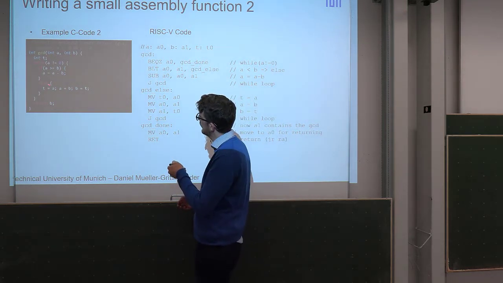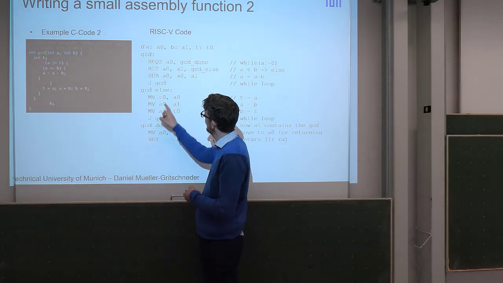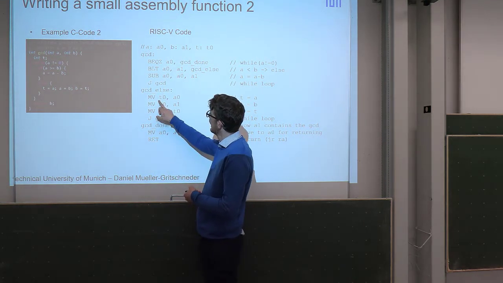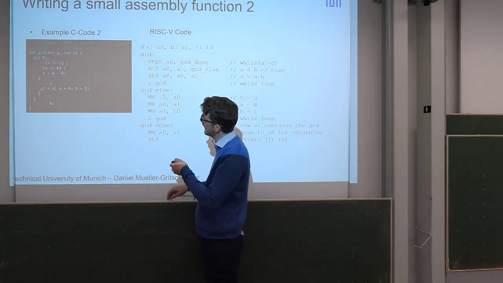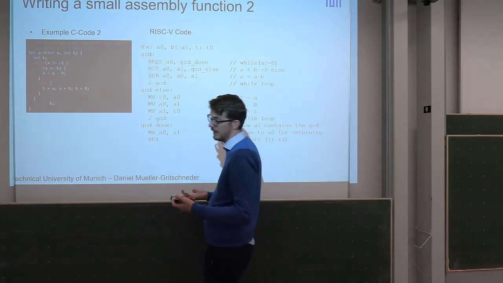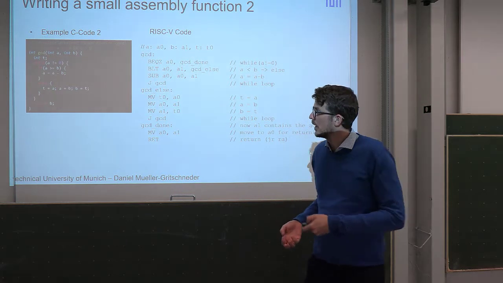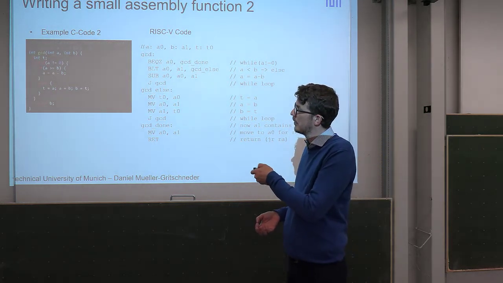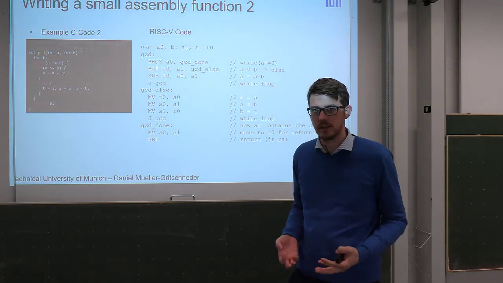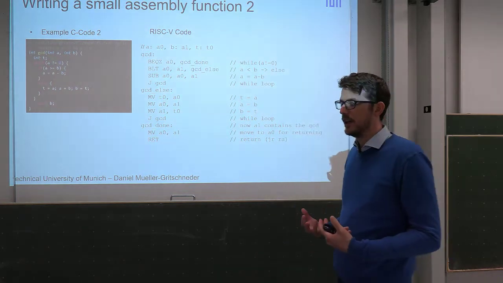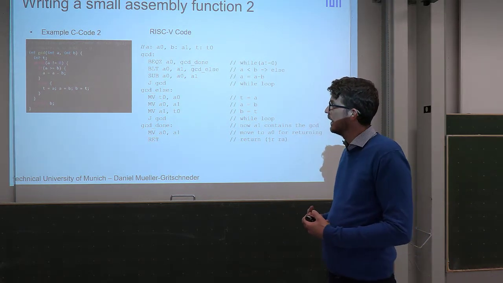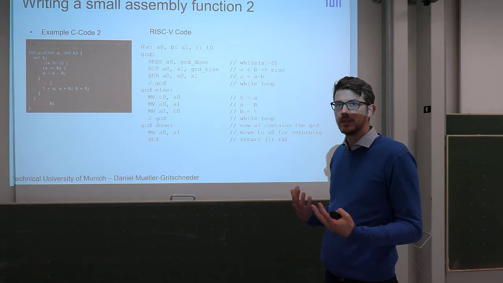Okay, and now we just have to also do the else, right? If you go to the else, we have all these kind of copy statements. So T should be equal to A. Now what is T? T is a local variable, a temporary local variable you just need for the function. If you think about the first slide we have seen, for these local variables we should use a T register.